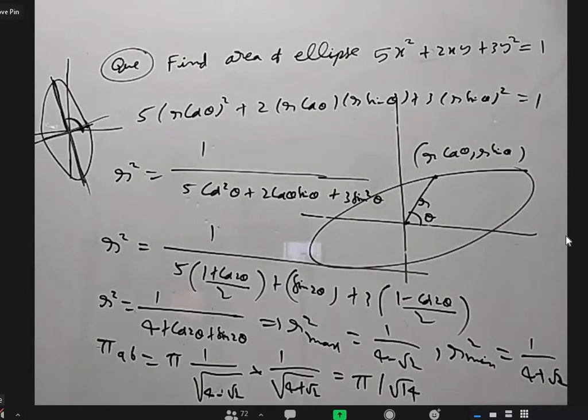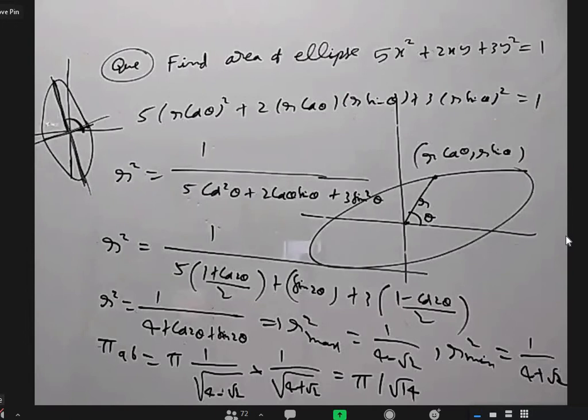This is using a trigonometric idea, but we'll also discuss something based on calculus. If I give a curve and a point, how to find the closest point and farthest point? We can find the distance and use calculus to find the minimum value. Any other method? How will you find the nearest point of a curve with respect to a given point?